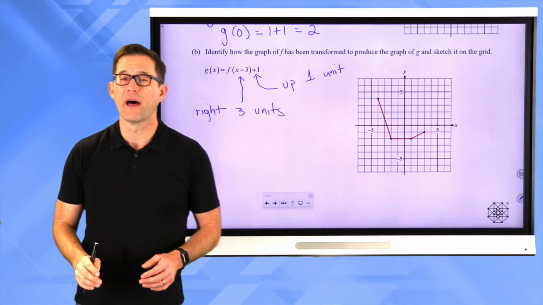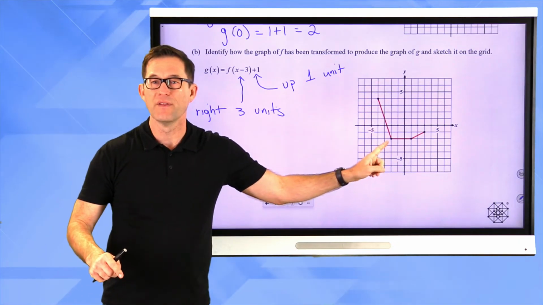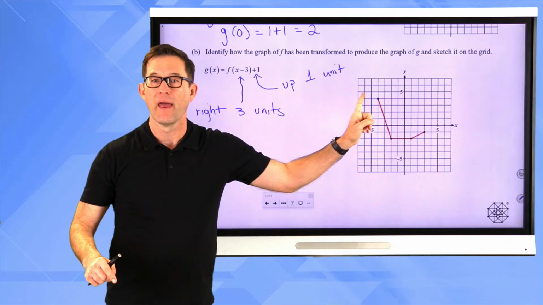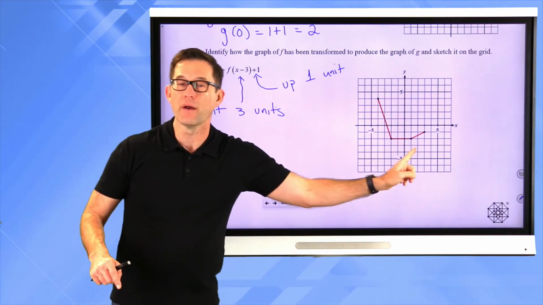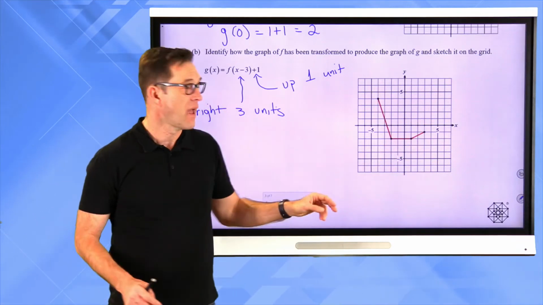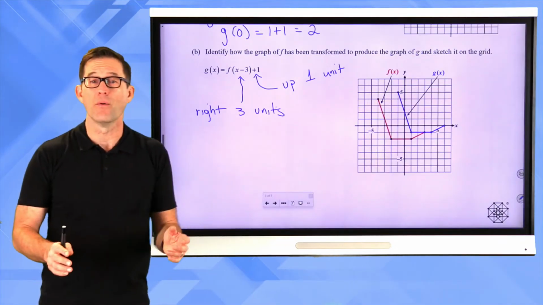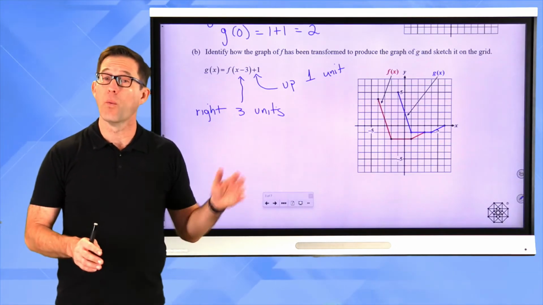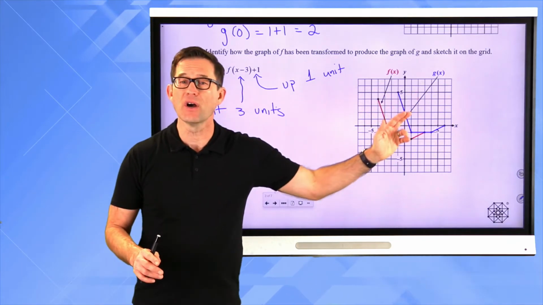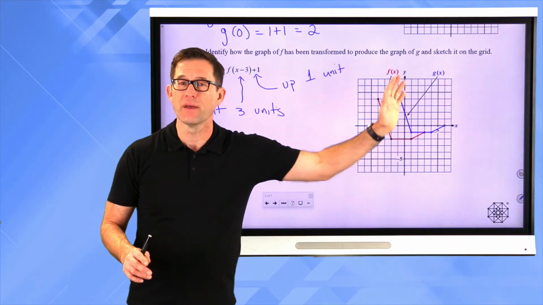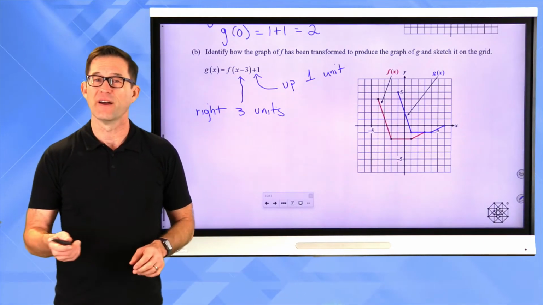What's kind of cool about that is that you can take just enough points, maybe this one, this one, this one, and this one, and you can move them over 3 and up 1, over 3 and up 1, over 3 and up 1, etc., and you will produce that graph. It's simple. Once we know what the transformation is, how the shifting has gone, it's easy to take just enough points and shift them in the way that the formula indicates to produce our new graph. All right, let's keep going.